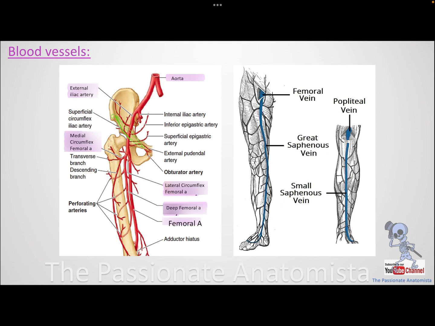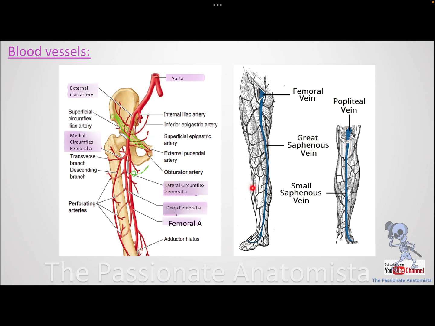And we said that you have the deep femoral artery that gives you the arteries around the hip joint, and then the femoral artery is going to continue down all the way, and it runs inside the adductor canal. And in order to come out of the canal and reach the popliteal region, it will go through the adductor hiatus, and we're gonna see that as we proceed.